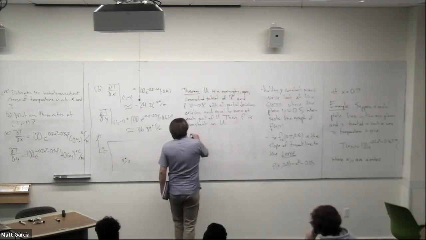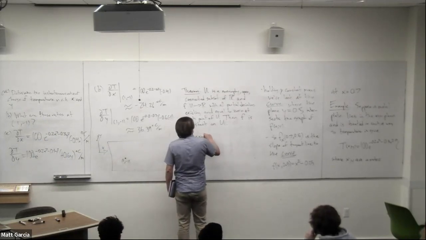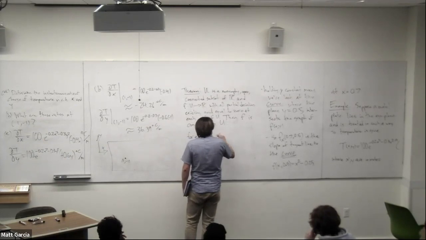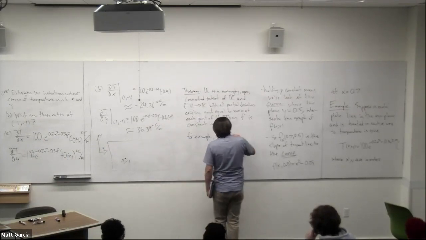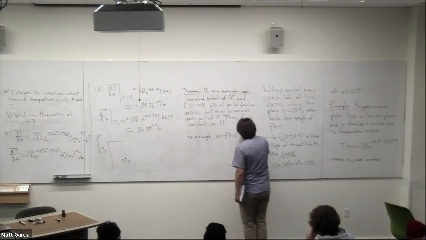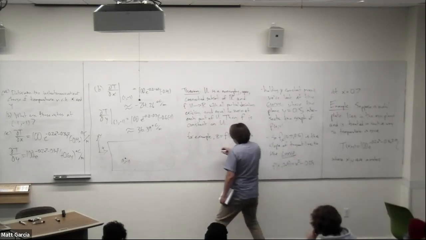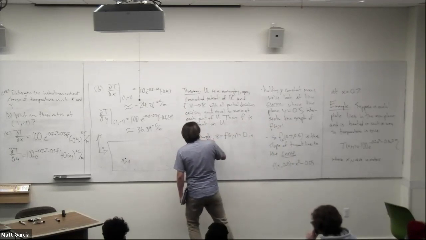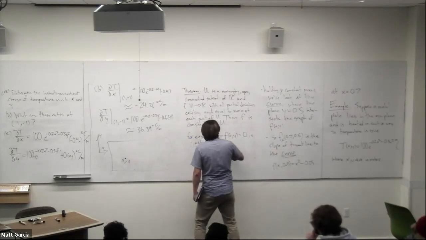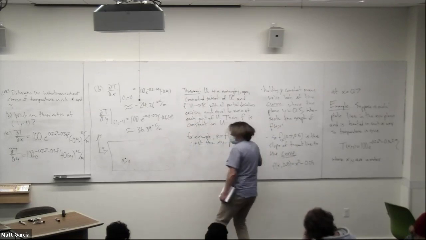So for example, z equal to f of (x, y) equal to the constant value 0 is just the xy plane. Great.